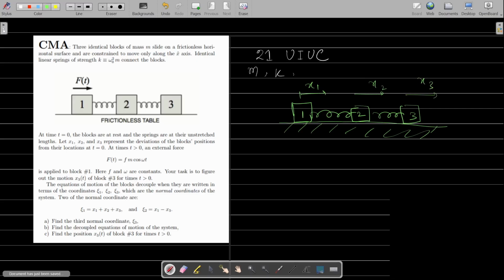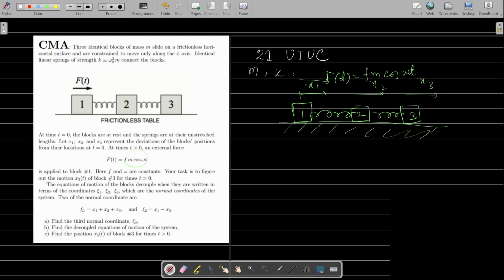Also, it is given that mass 1 is acted on by a force F(t), which is given in the question to be F_m cos(omega t). So m is given, k is given, F(t) is given, and x1, x2, x3 we know what they are.